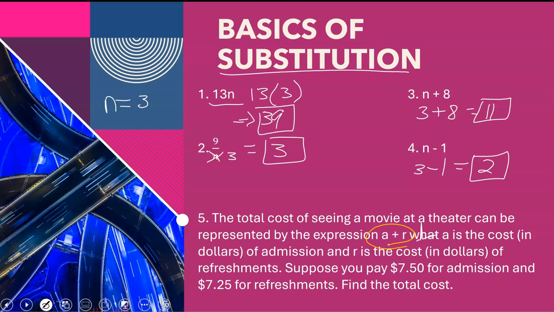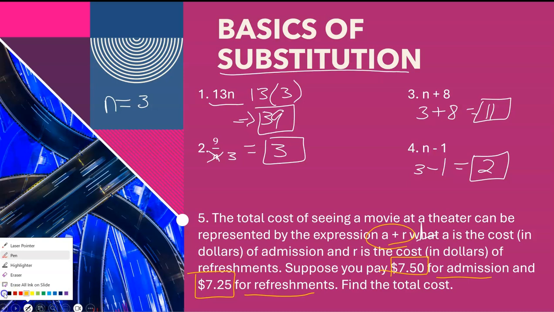From there, all we have to do is find the values we are going to use for A and for R. A is $7.50. That would be the cost of our admission that day. And R is $7.25, which is the cost of how much refreshments or drinks we bought that day.